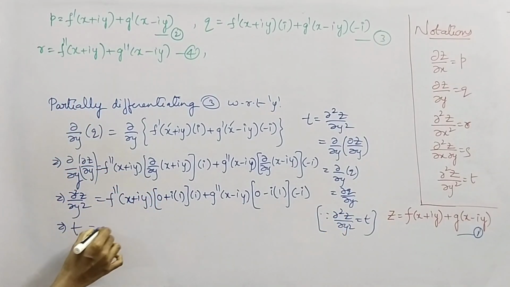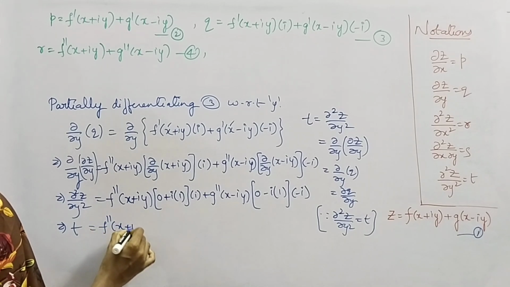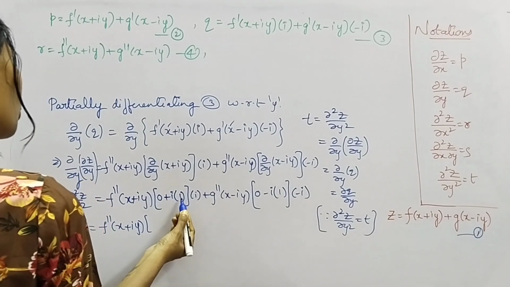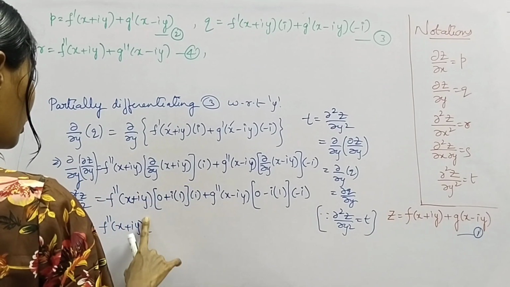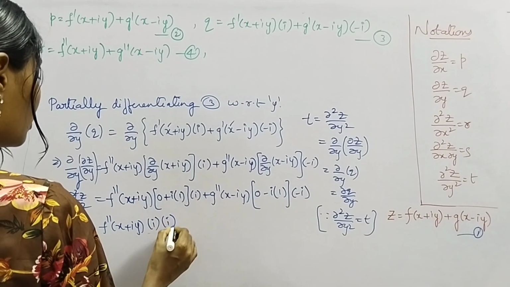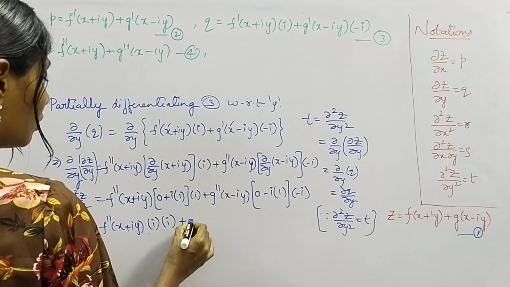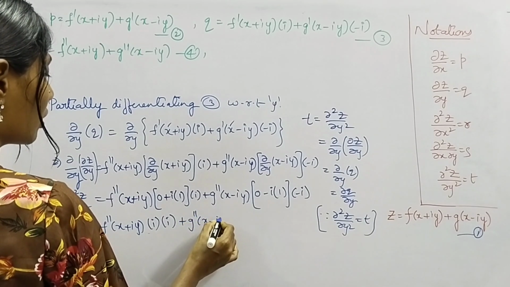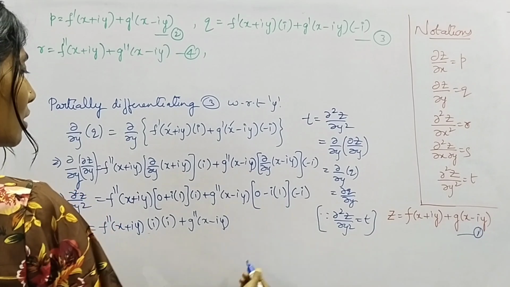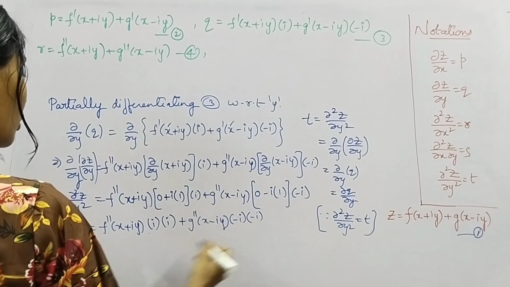Just replace it by t equal to f double dash of (x plus iy) into 0, i into 1 is i, plus 0 is i, right? You'll get i into this i, which gives i square, which is minus 1. g double dash of (x minus iy) into 0 minus i into this minus i.